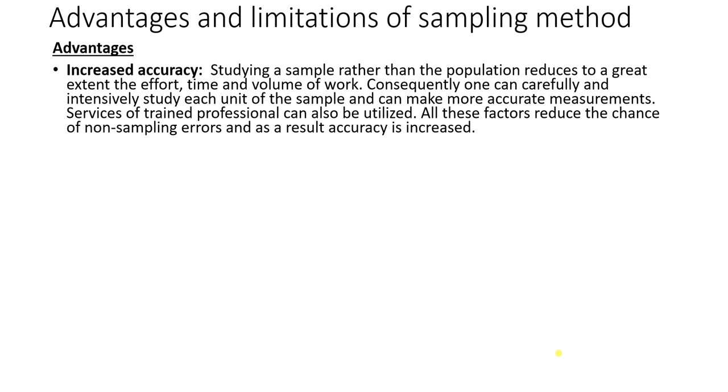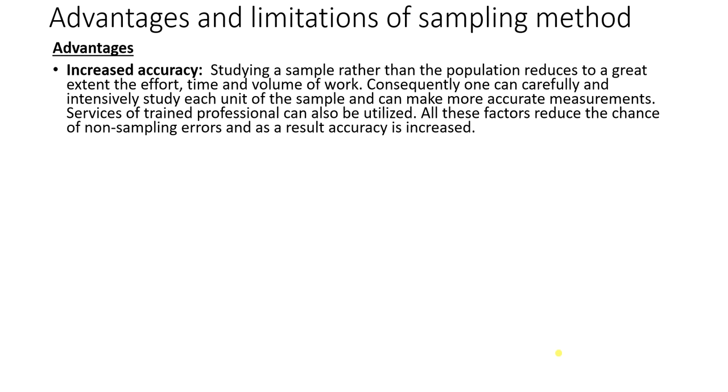Finally, against the census method, if we are going to use the sampling method, it has several advantages. First is increased accuracy, because we are not studying the entire population. We are studying a small number of units from the population. This will reduce the effort, time, and volume of work. And as a result, we can very carefully and intensively study each unit of the sample.